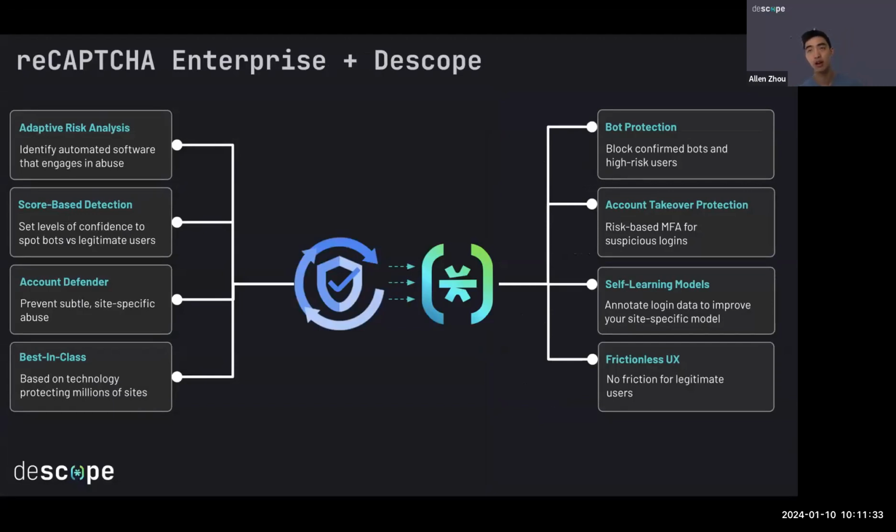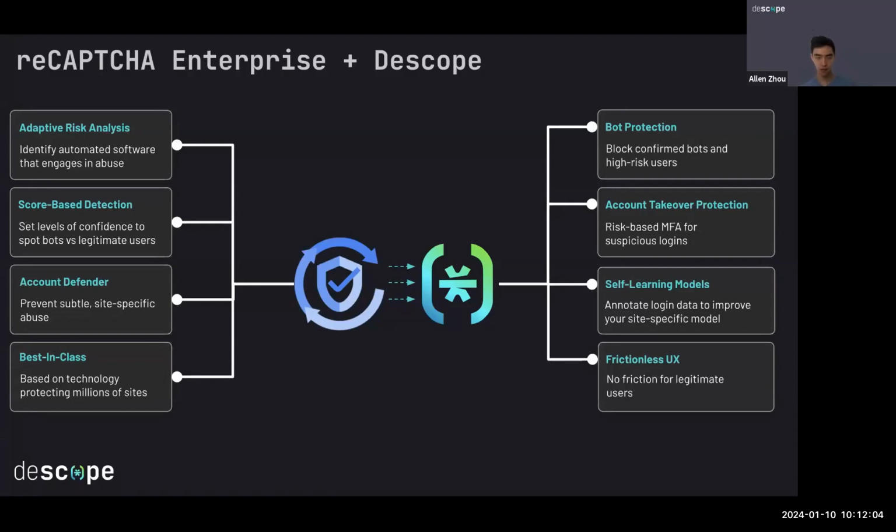So there's native bot scoring and bot detection in Descope, but you can also use connectors, and that's one of the really powerful things. You can integrate something like reCAPTCHA, which is a pretty common bot detection software that keeps sites safe. There's reCAPTCHA v2 or v3, and here we have Enterprise, which is an invisible form of bot detection that is only visible when the risk score is higher, and then a user will have to do a sort of challenge.